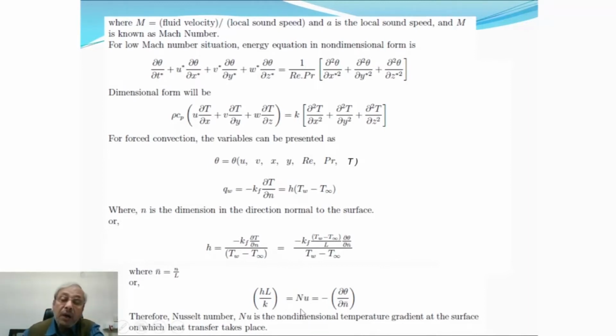Okay, so now Nusselt number is minus del theta by del N bar. Therefore, Nusselt number, which is given by HL by thermal conductivity of fluid, physically we can get a meaningful expression, which is basically the non-dimensional temperature gradient at the surface of interest.